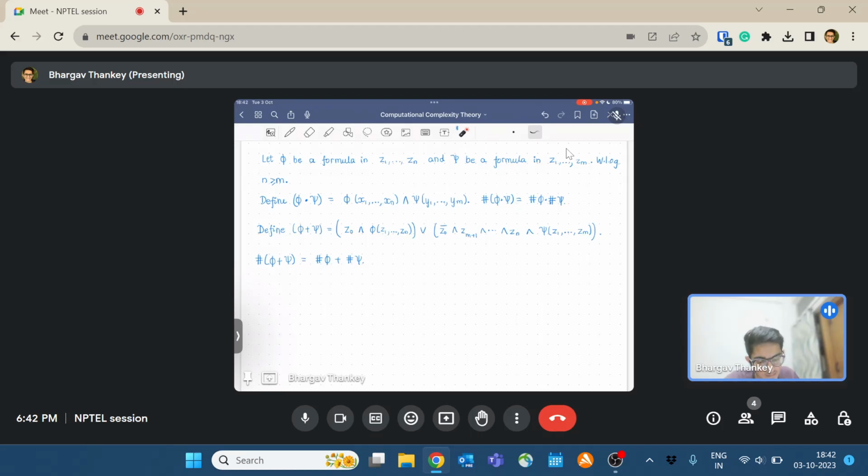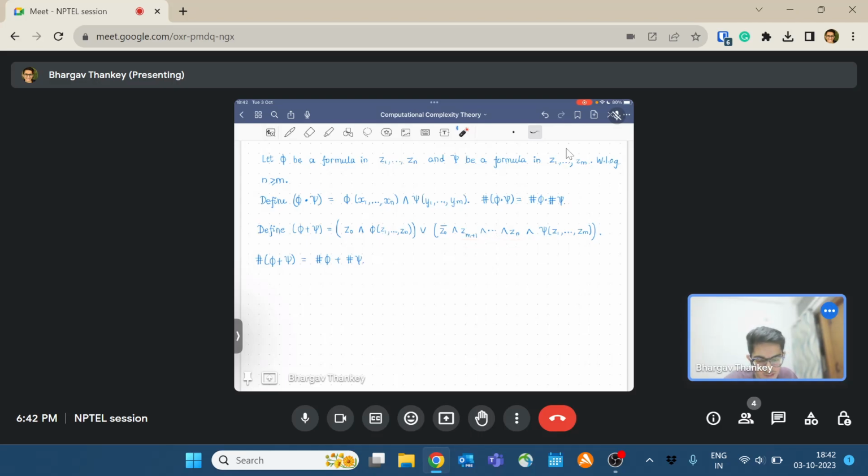Then, since z0 can be either 1 or 0, z0 to zn can satisfy this or this, but not both, right? So if z0 is 1, then z1 to zn must be a satisfying assignment of phi. And if z0 is 0, then z1 to zm must be a satisfying assignment of psi, and all the remaining variables should be 1.